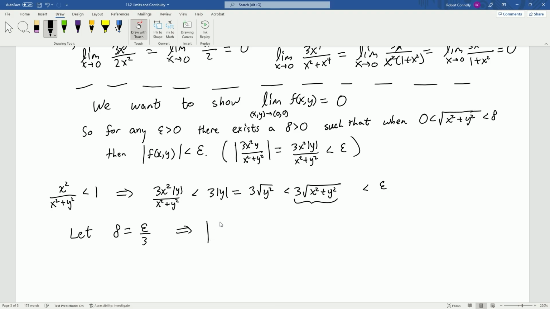We saw that the absolute value of our function minus L, which is 0, is less than 3 times the square root of x squared plus y squared, which is less than 3 times delta, which is equal to 3 times epsilon over 3, which is epsilon. So the limit is equal to 0.